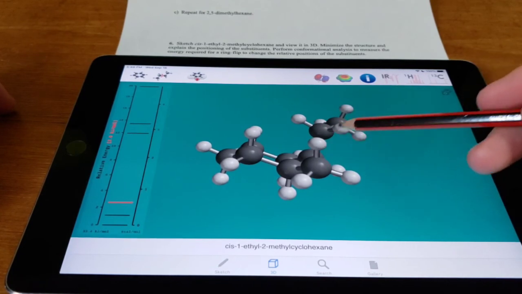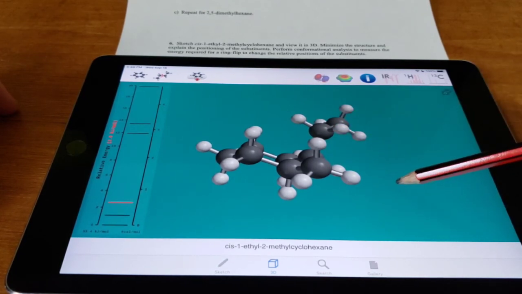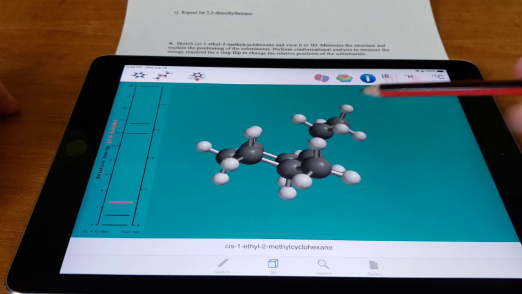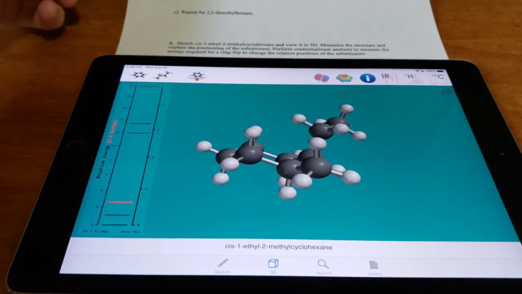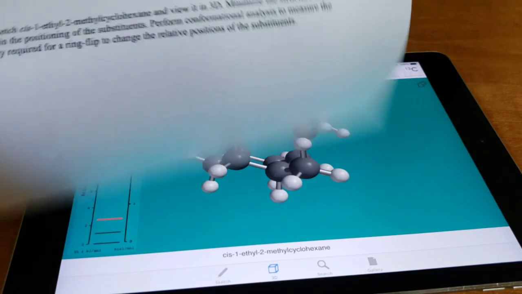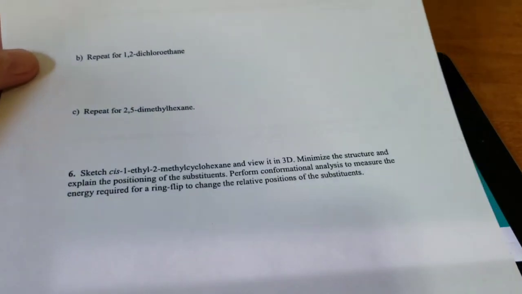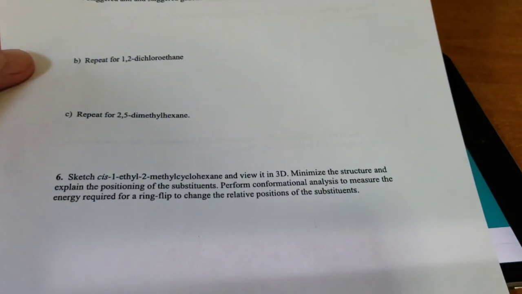So this is flipped and my once equatorial ethyl has moved up to an axial position. This is 2.6 kilojoules higher in energy. Higher energy means less stable. These are the 6 things that you were asked to examine on the worksheet.